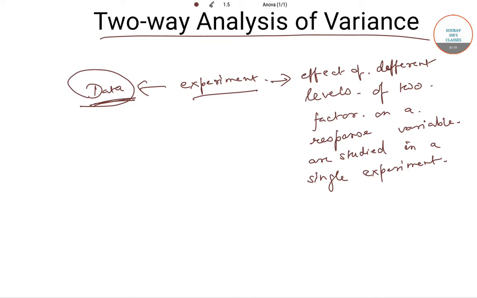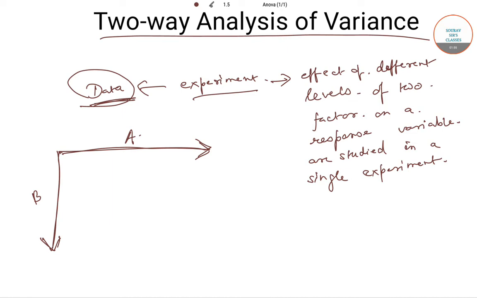So this data is presented in a two-way layout, with each factor representing one direction. If factor A is representing the horizontal direction, then factor B will represent the vertical one.